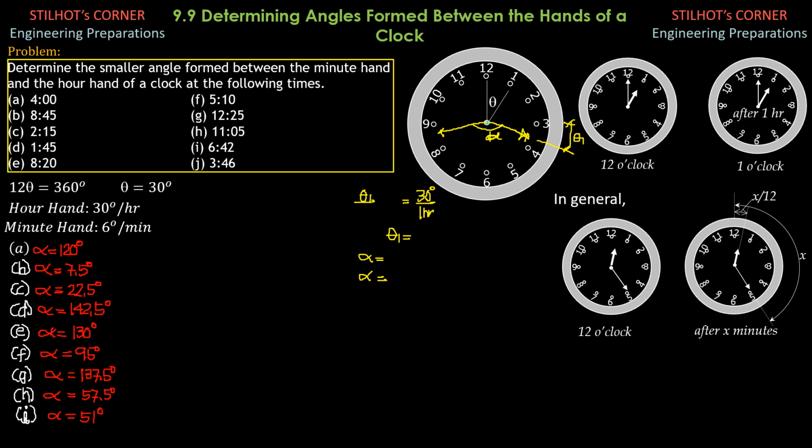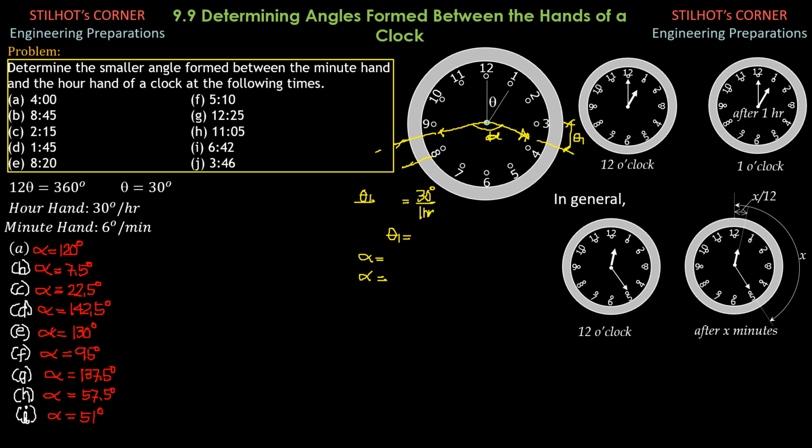So I'll call this theta 1, from the initial position of the hour hand, pointing at the 3 o'clock mark, to this final position. Because this is the minute hand, the equivalent number of minutes is 46, rather 6 only, because this is already 40. So therefore this is 3:46.